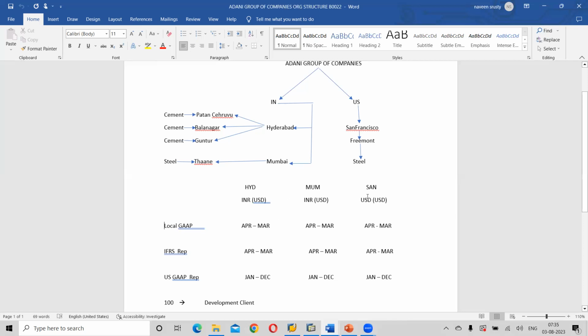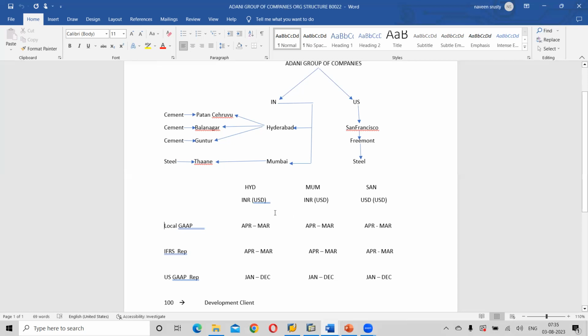So the first thumb rule for using the controlling area 1:n methodology is the same chart of accounts. Second, the same fiscal year. And the currencies may differ.